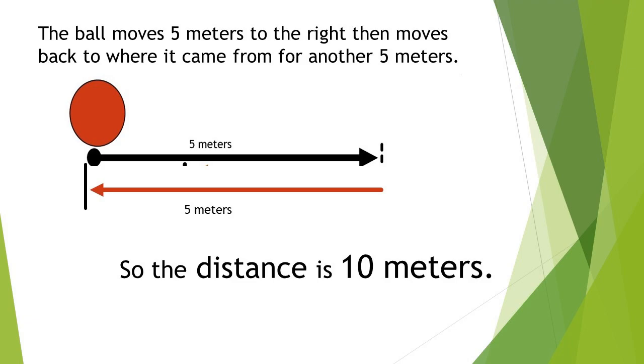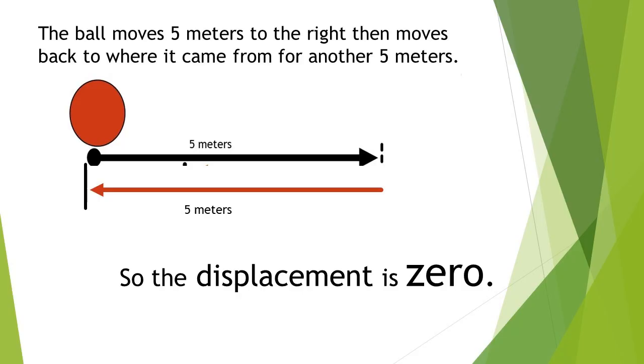It is 10 meters. And now, for the displacement, since it moves 5 meters there and it moves back for another 5 meters, it means it went back to its original position. And if we are going to measure the length between the starting point and the end point, it is 0. So the displacement is 0.